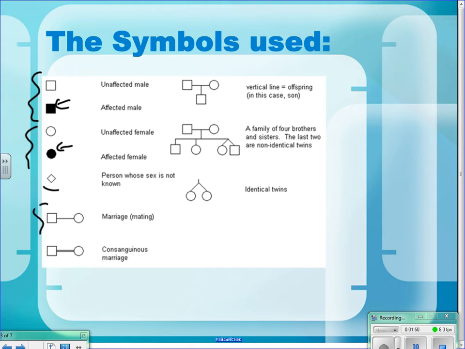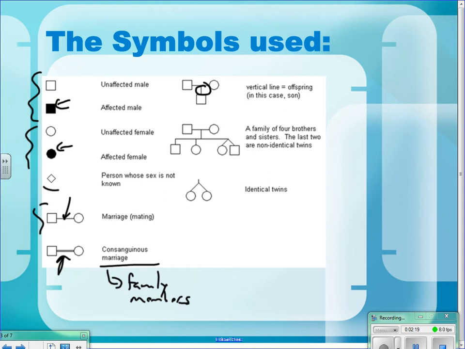If they are married, we have what's called a marriage line. And if it's a double line, it's a consanguineous marriage, and what that means is a marriage between family members. A line coming off of the marriage line is an offspring line, and it denotes offspring that the family would have.